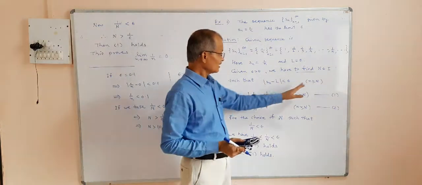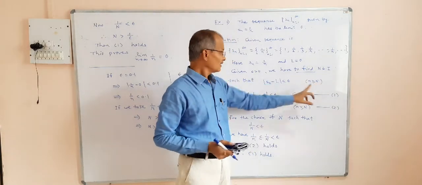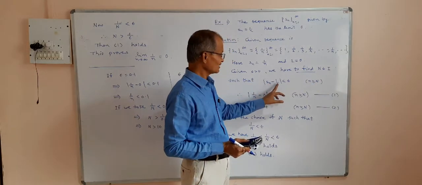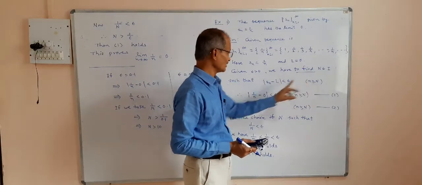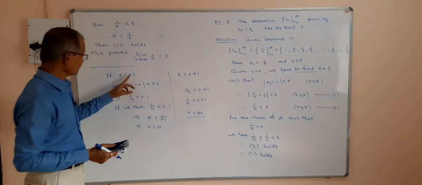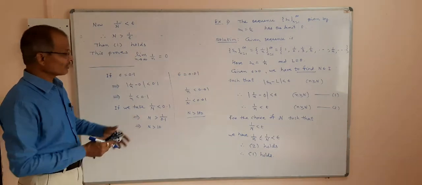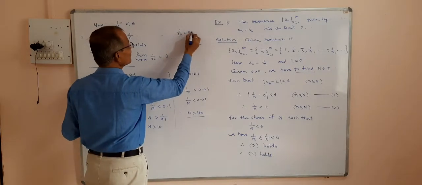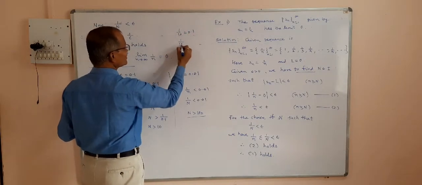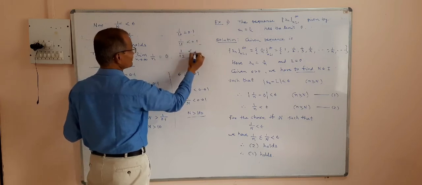That is the meaning of the definition. When n is sufficiently large, that is n is greater than or equal to a fixed number, then the distance between Sn and L is less than epsilon. If epsilon is smaller, this N will be increased, as you see. For 0.1 it is 10. After 10 onwards terms, because what is actually the 10th term of this sequence, 1 by 10, which is equal to 0.1. After the 10th term it is 1 by 11, 1 by 12. All these will be less than 0.1.